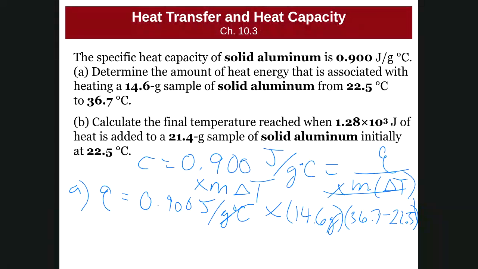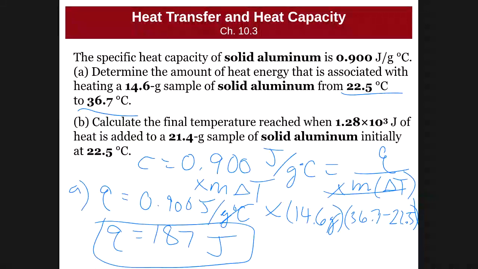So 0.9 times 14.6 times parentheses 36.7 minus 22.5. I got that we need to add 187 joules of heat to achieve that temperature change from 22.5 Celsius to 36.7 degrees Celsius. So that's part A. 187 joules of heat is required.